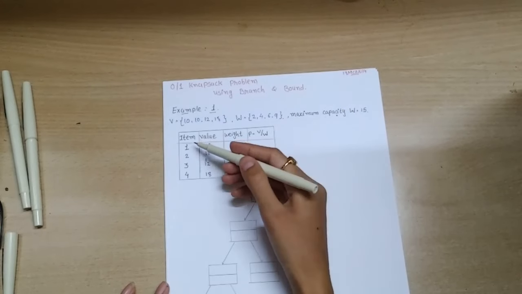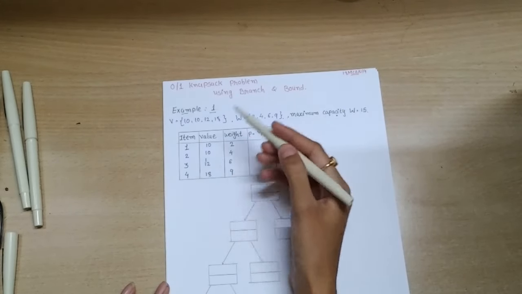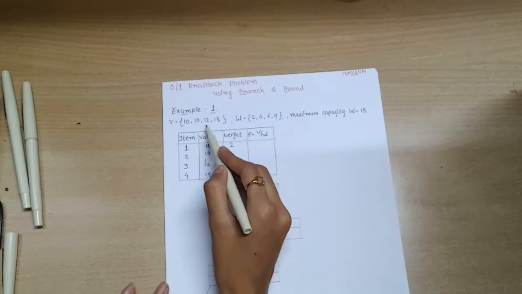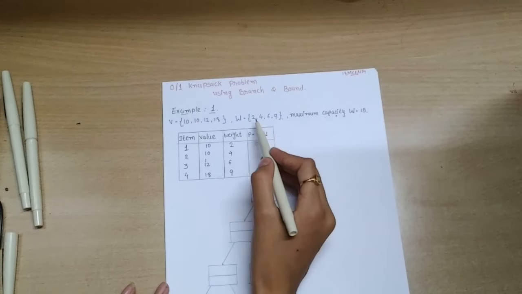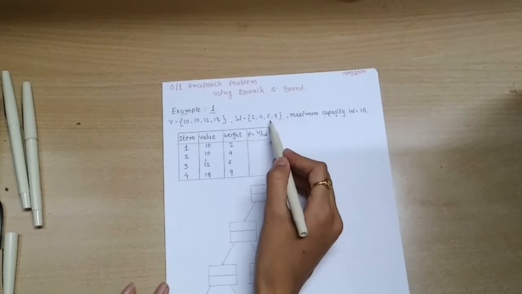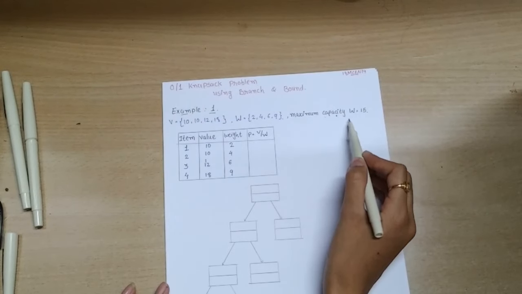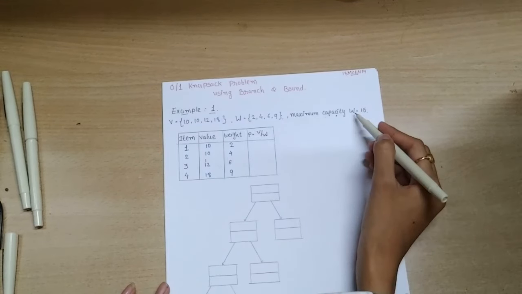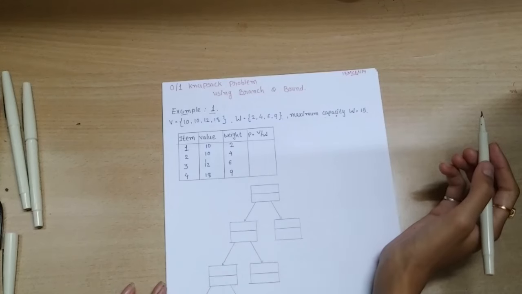Here we have 4 items, item 1, 2, 3 and 4, with values 10, 10, 12 and 18 and weights 2, 4, 6 and 9. Maximum capacity of the knapsack is represented by W. Here the value of W is 15.